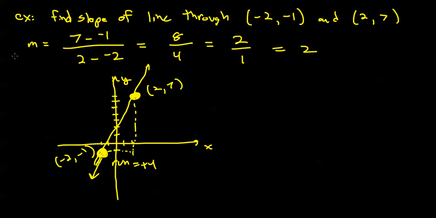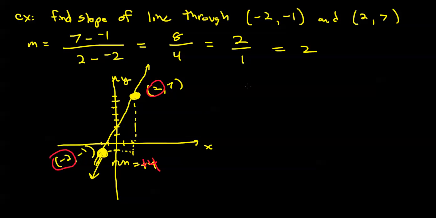Notice this, maybe not so easy to see on the hand-drawn graph, but my x goes from a minus 2 to a plus 2, indicating a run of positive 4, right? What's my rise going to be?